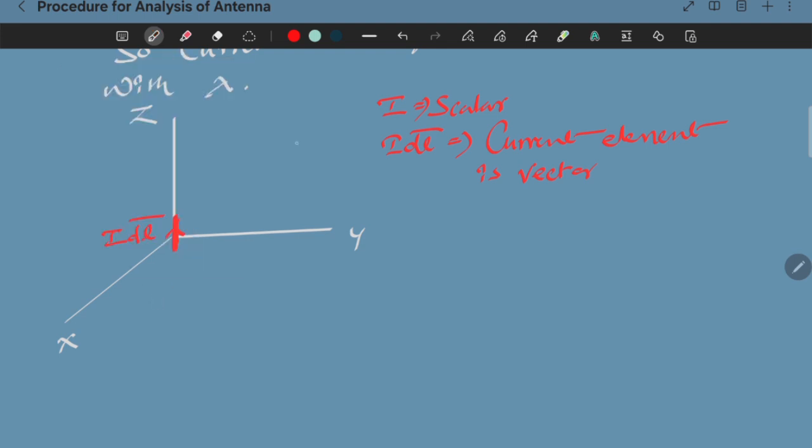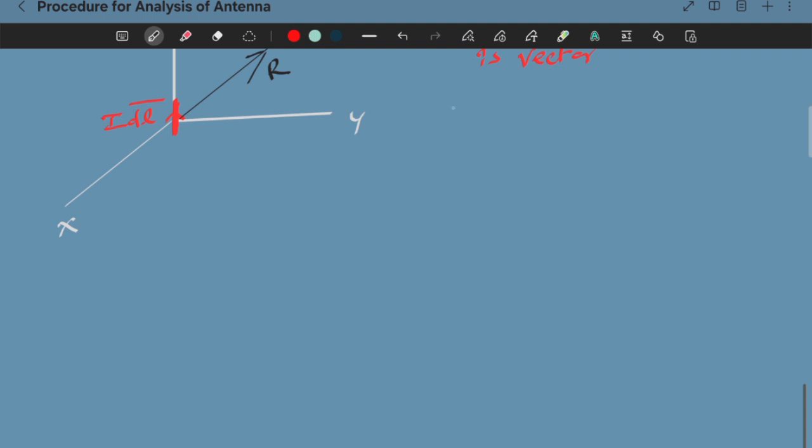Now we need to calculate the fields at observation point P. So the distance between the observation point and the source point is given by a certain distance r. Then what is the source for A bar?